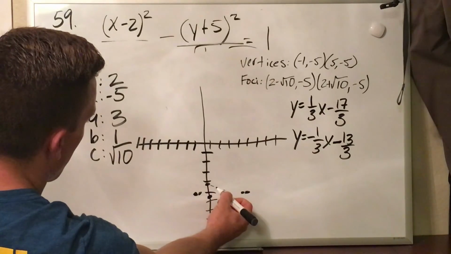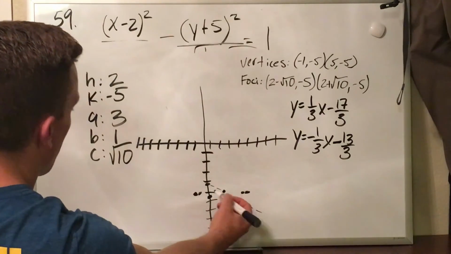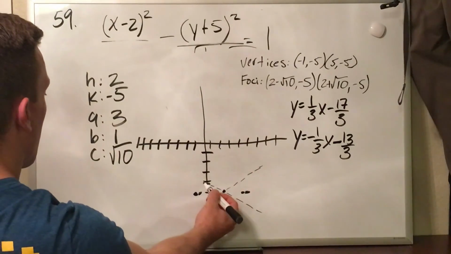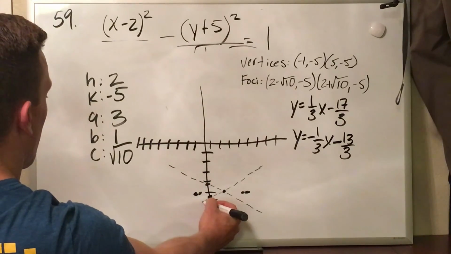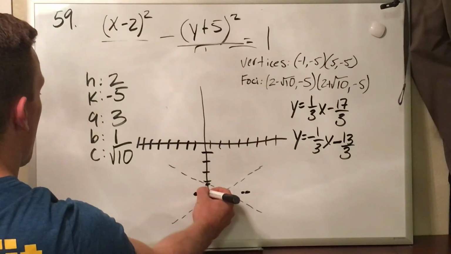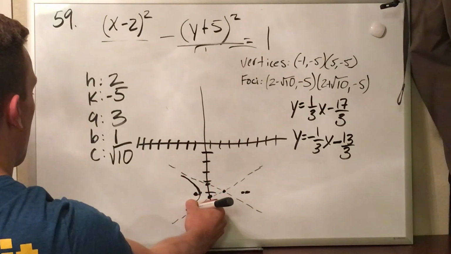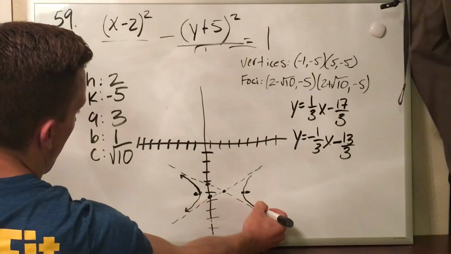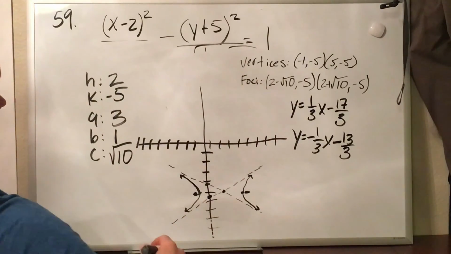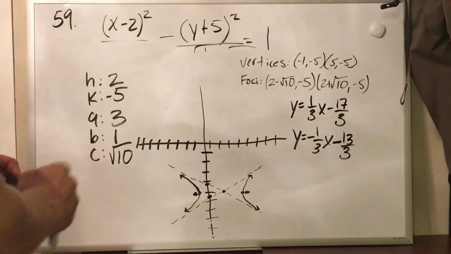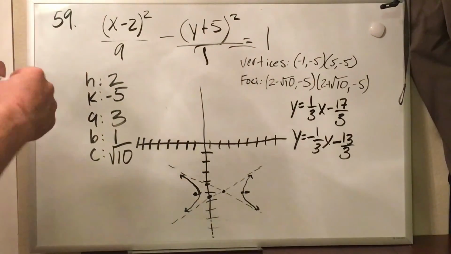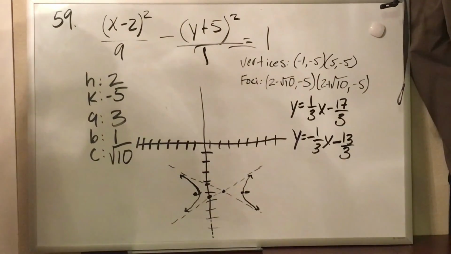Alright, so that gives us our asymptotes there, again drawing from our vertices. And there you have it, number 59 from the test prep: your center, your vertices, your foci, your asymptotes, and your rough sketch of your graph.